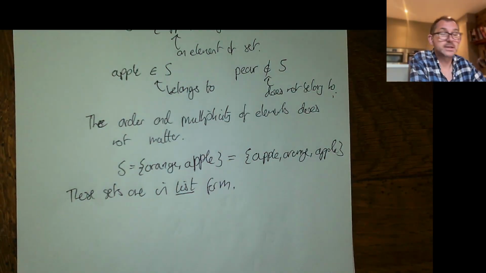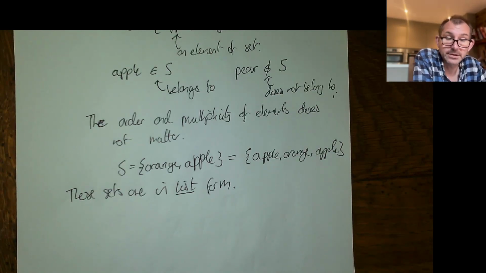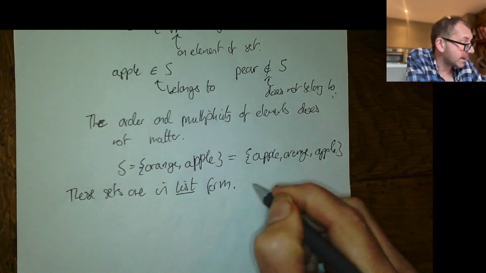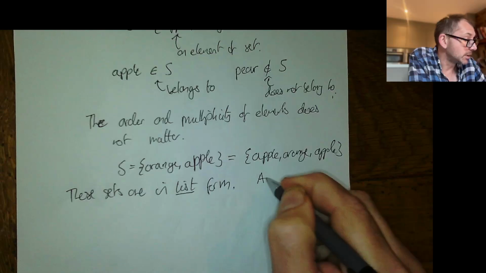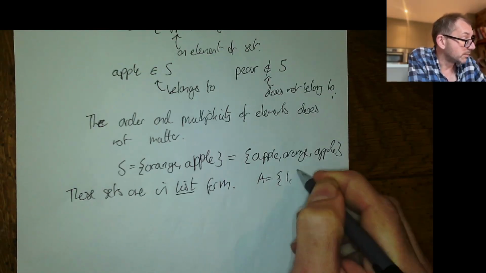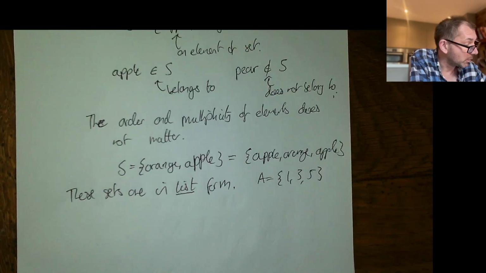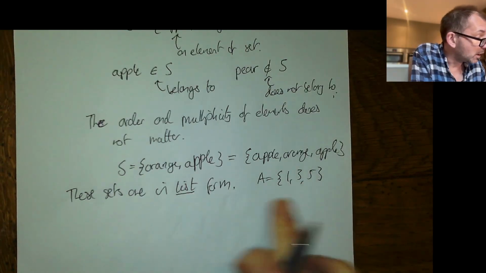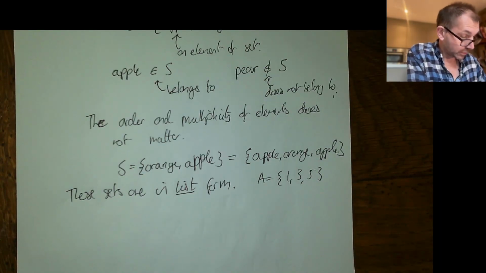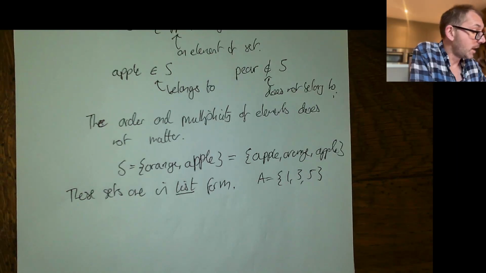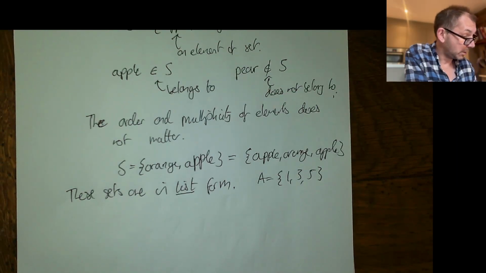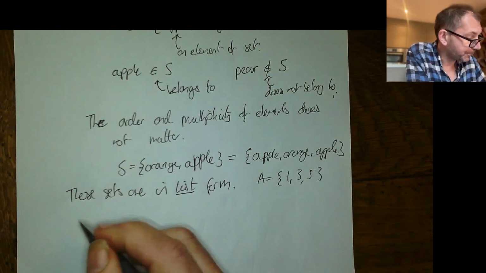So what that means is I've just listed all the elements out. I could have another set that's equal to 1, 3, 5. That would be one way of doing it. But let's see how we can construct that set out of ones that we already know about.